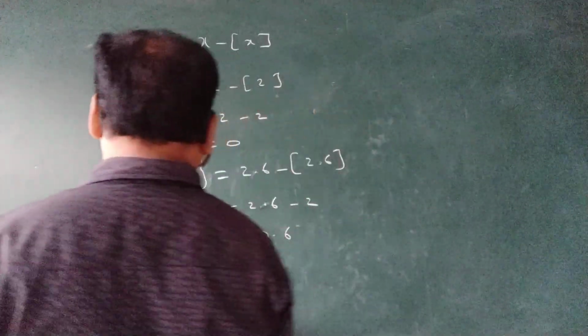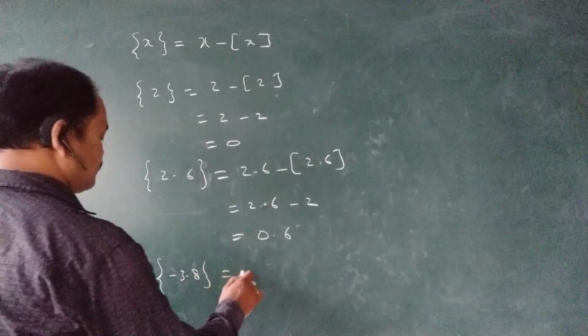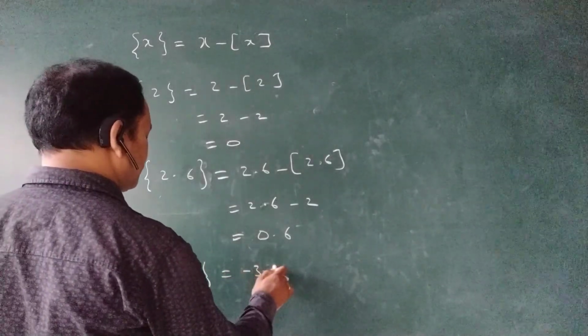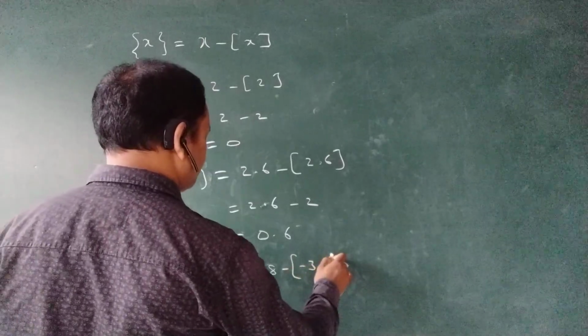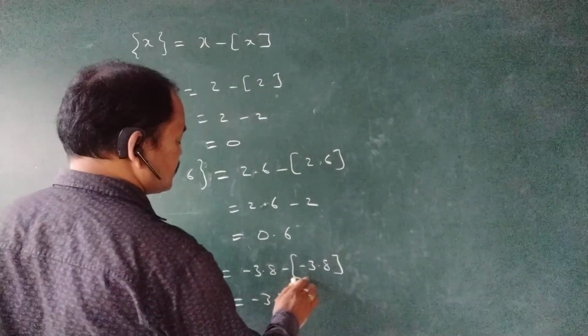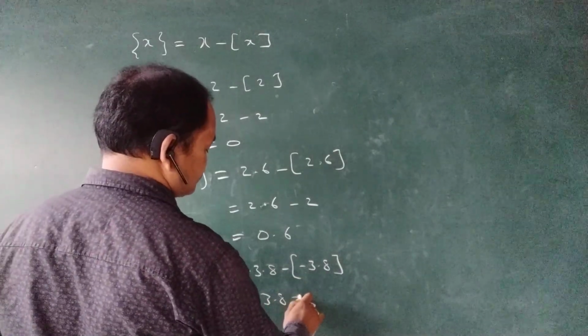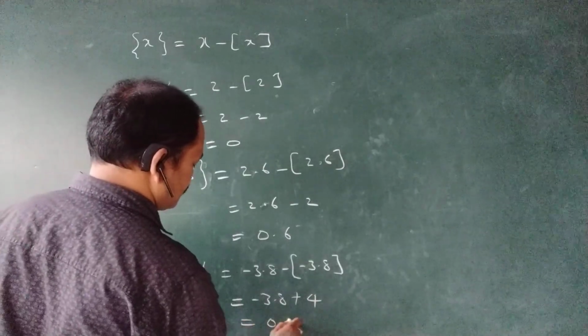Now the fractional part of minus 3.8 is equal to minus 3.8 minus step of minus 3.8. This is minus 3.8 minus of minus 4, that is plus 4. That's why this is 0.2.